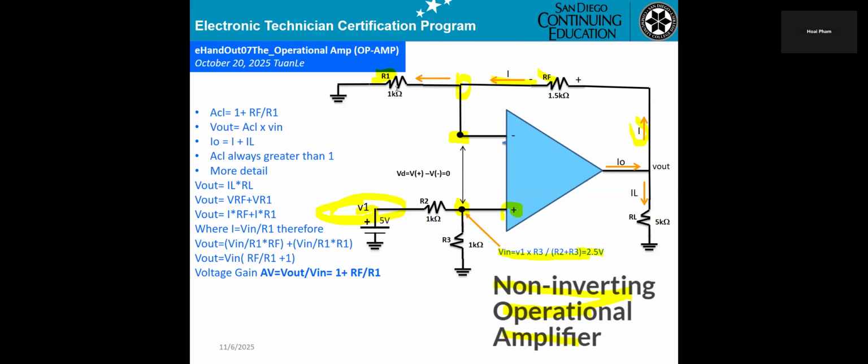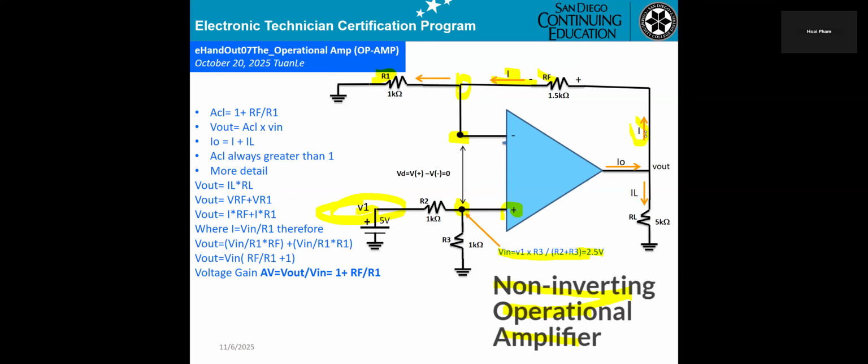So if you want to calculate that current, you take 2.5 divided by R1. You get the current through R1, and that is also the current I here. I here will be the same I at the output. So that current I is coming out from the op amp.